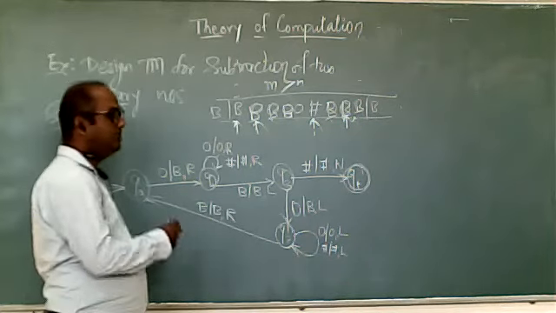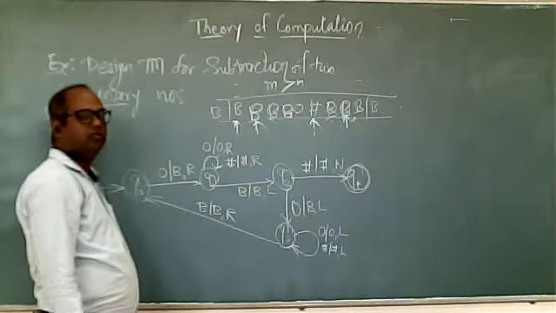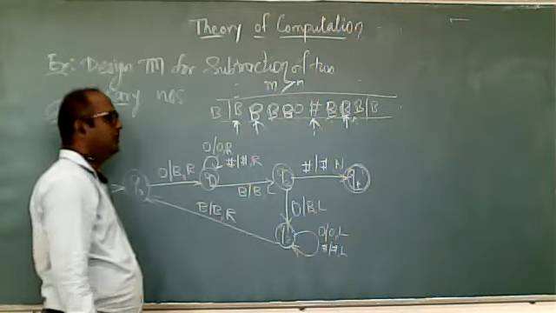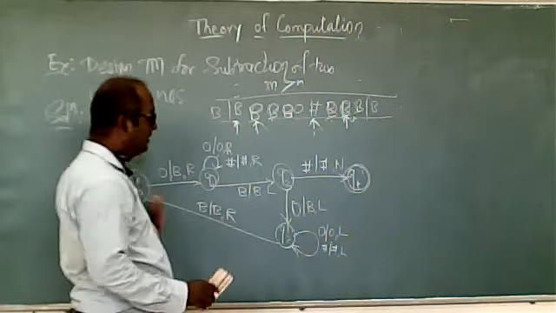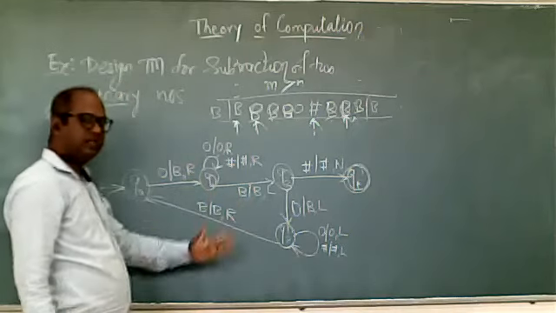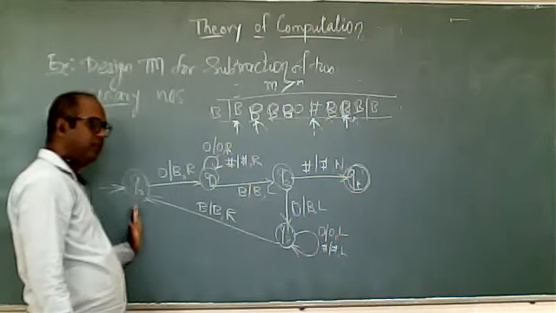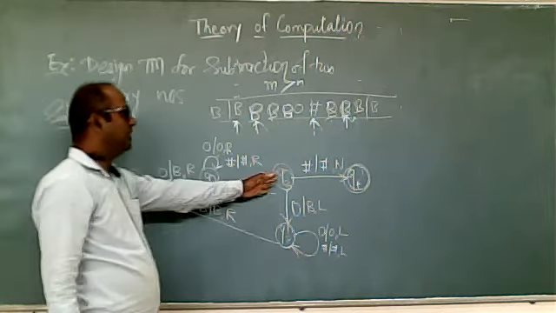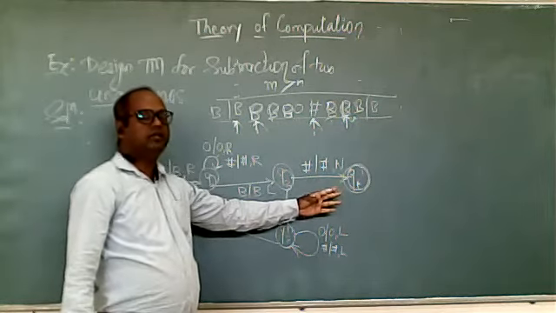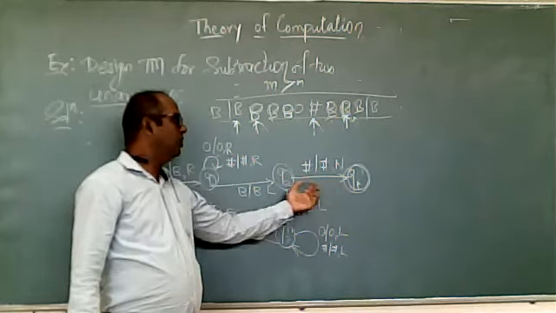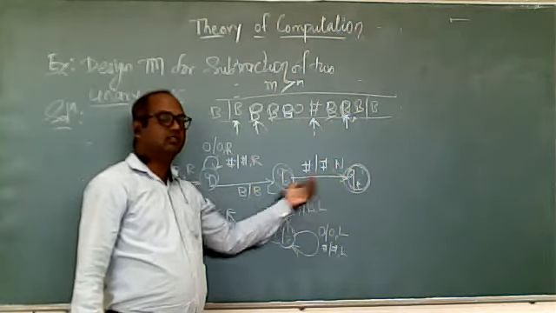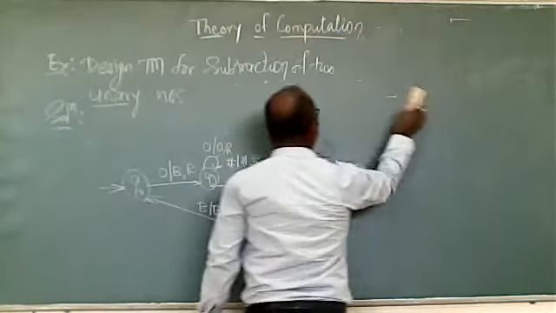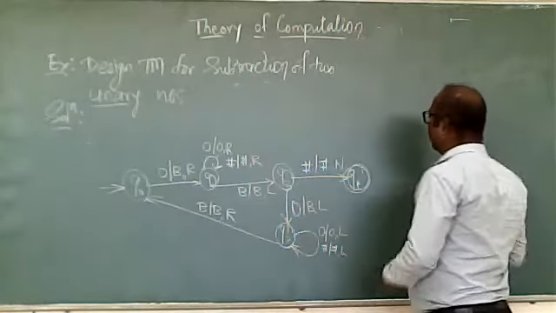If we want to modify the same Turing machine for m less than n, we'll work through the same machine and just find the final condition, because the final state will not be this. If m is smaller than n, we will not get this final state. We have to make some other final state.